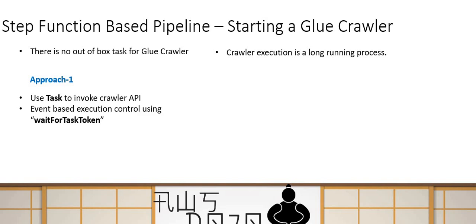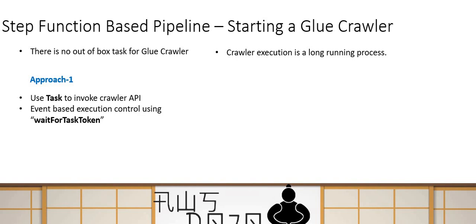So this is one method where you start the crawler job and then you provide a token, and unless some external process tells this step function back that the task with this token is complete, it will not execute further. So you can use this kind of event-based mechanism to control the execution of your state machine workflow, and when you start the crawler, you can make the workflow wait until the crawler has finished the task.